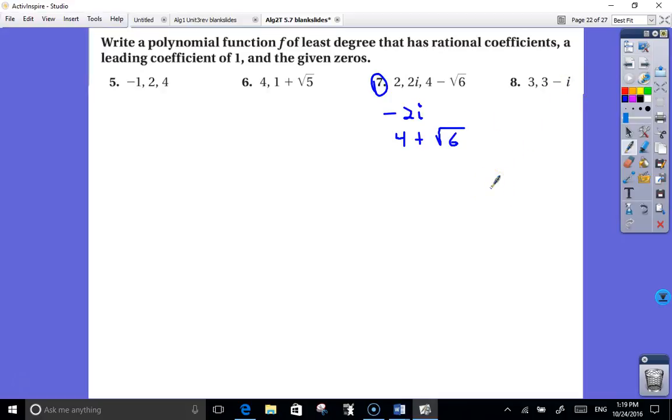One question that could be like this: what would be the least degree of a polynomial which has these 3 zeros? And you would say 5, because you have to throw in those other 2, right? It has 5 zeros now. It must be a degree of 5, at least.